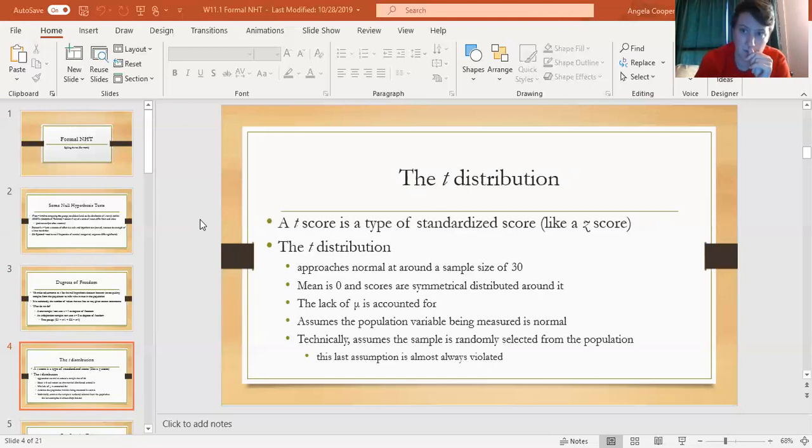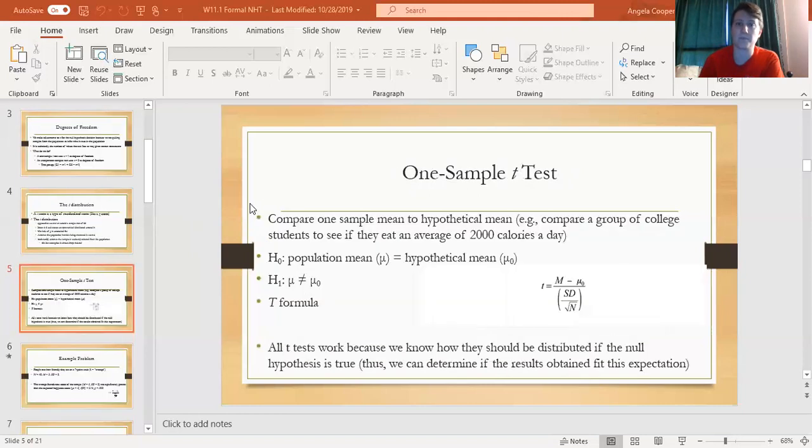So that's a convenient sample. So that last assumption for t-tests, where the sample is randomly selected from the population, it's pretty much always violated. It's never something that actually happens. But you know, we just kind of tend to sweep it under the rug and say, nah, use the t-test. Use a t-test, it's fine. But that is an assumption for t-tests.